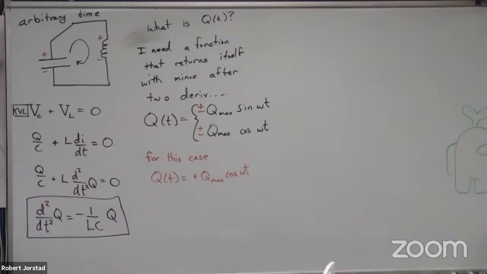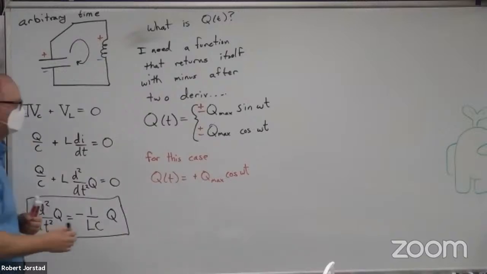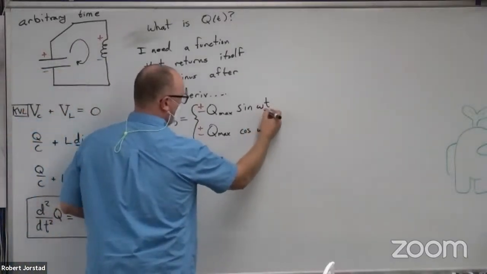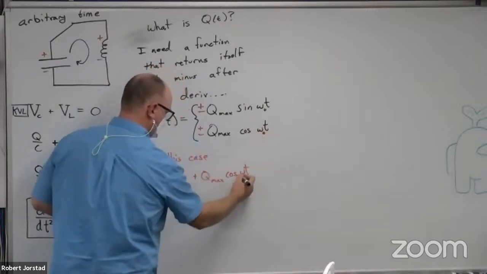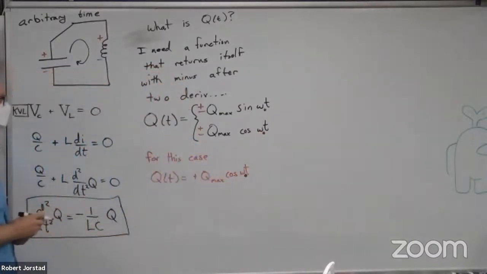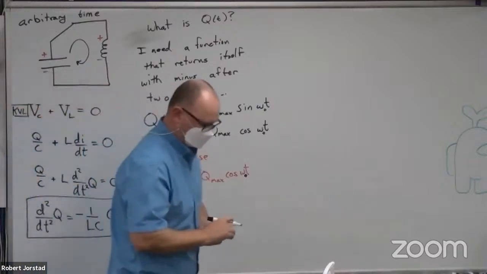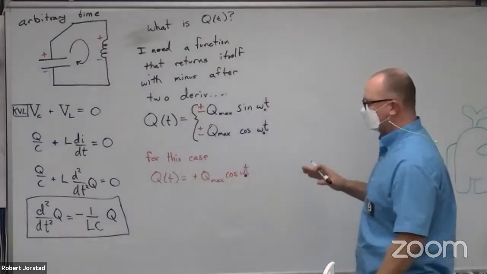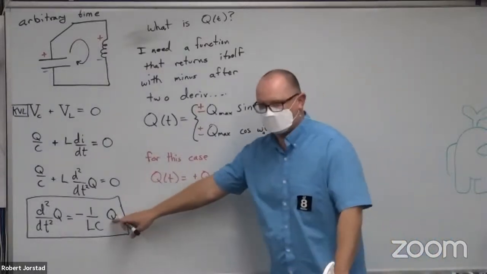Now I want to be a little bit careful. I want to put a subscript 0 here, just because I know what's coming in the next chapter. Now let's plug this in and see what we get.